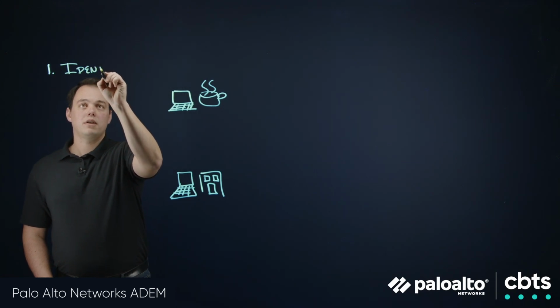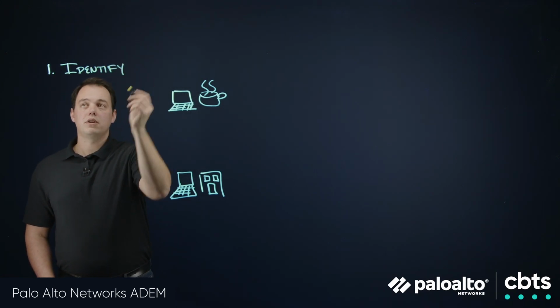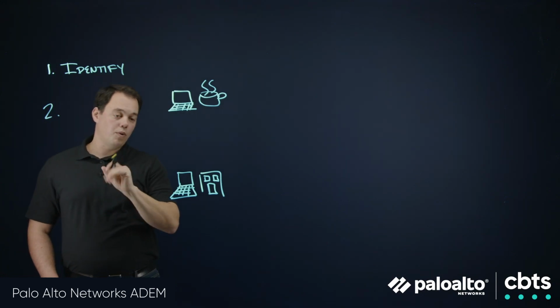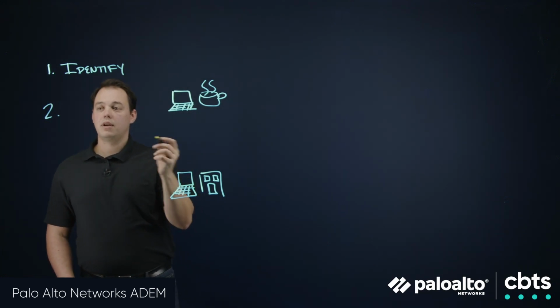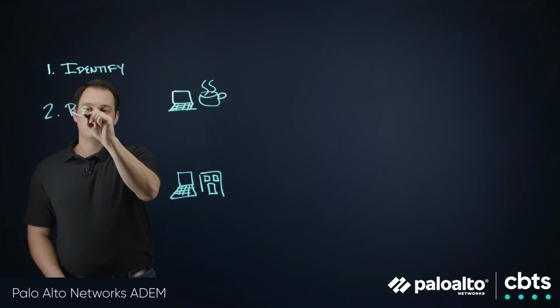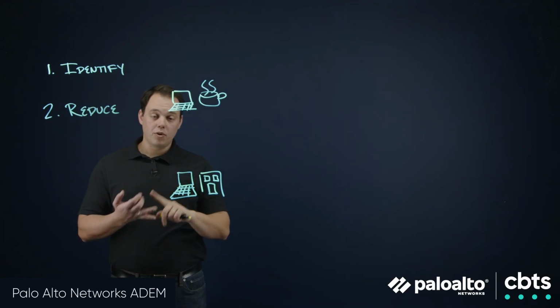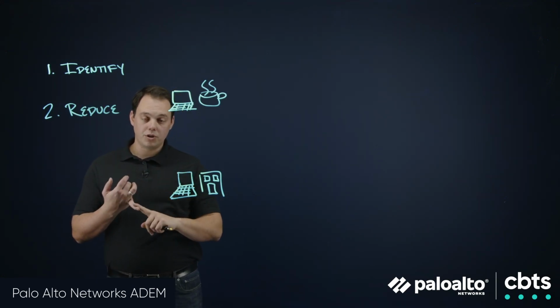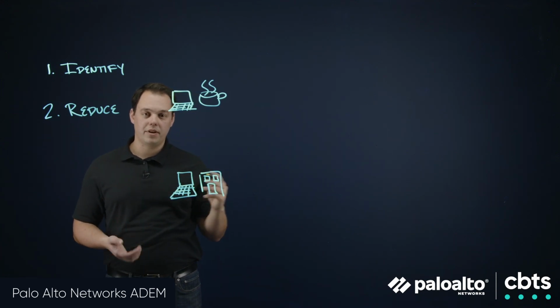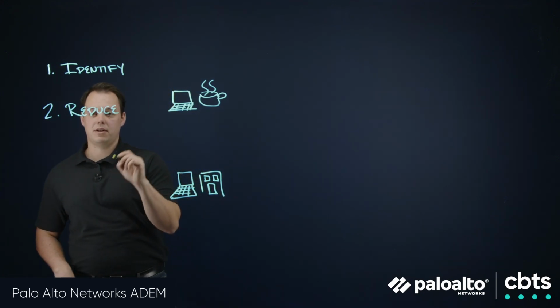There are three challenges that we, as network administrators and system administrators, are faced with in this kind of distributed work world. One, how do we identify problems quickly? Two, once we identify those network problems, how do we reduce our mean time to resolution? How do we drive down the amount of time that those issues are impacting our users?